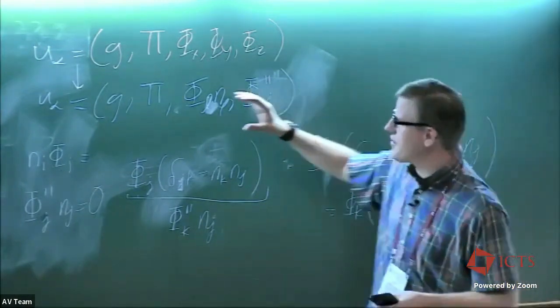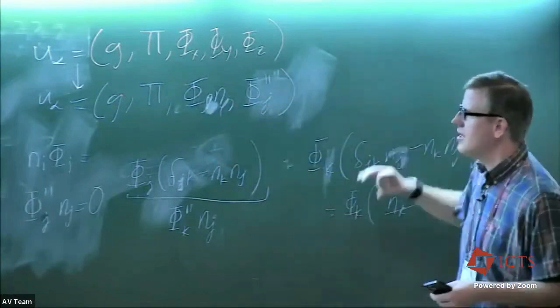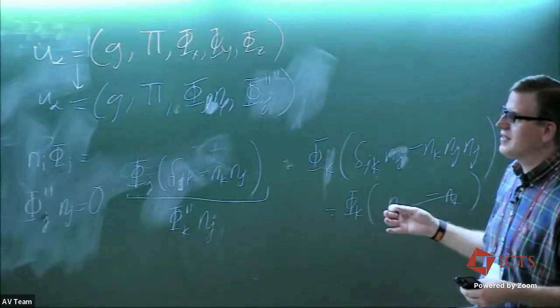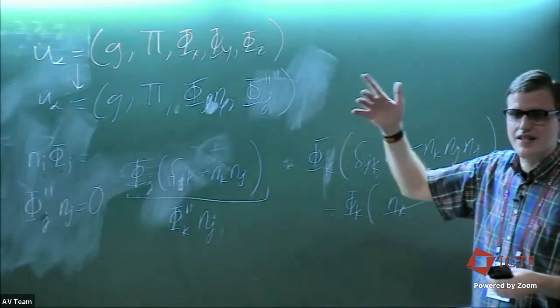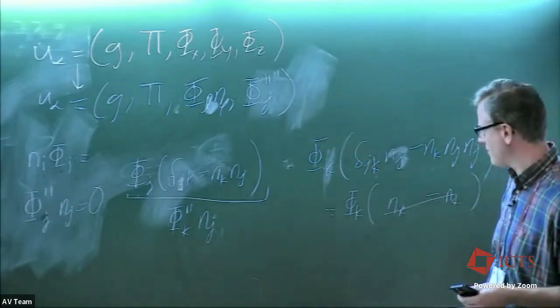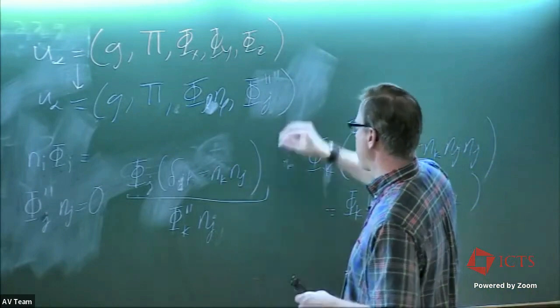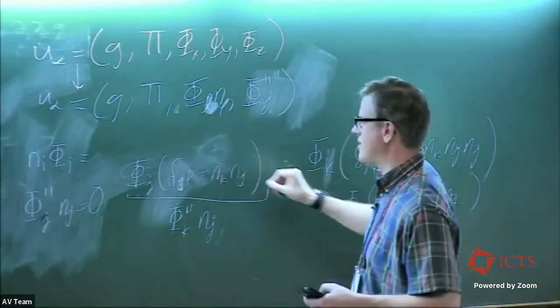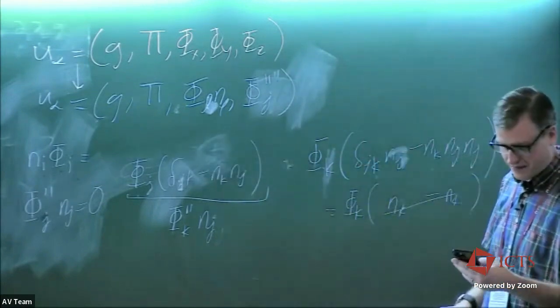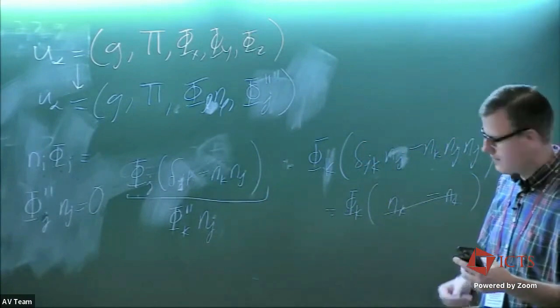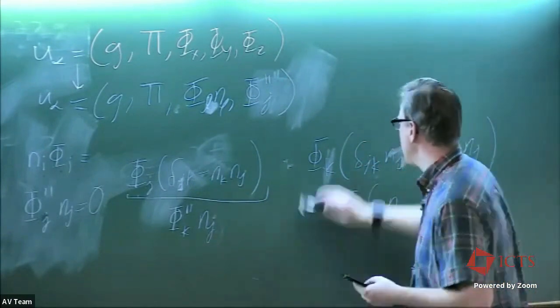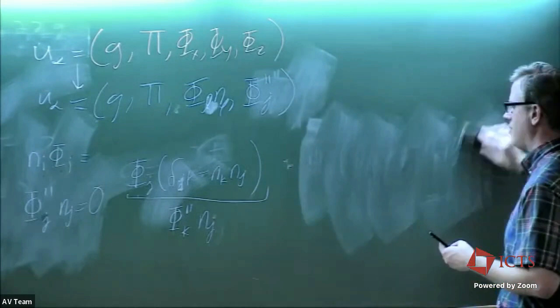And these are the variables that I want to find a combination of that gives us the characteristic fields and the characteristic speeds. And we'll just remember that phi j parallel is defined in terms of this operator here. Okay, so let's get rid of that.